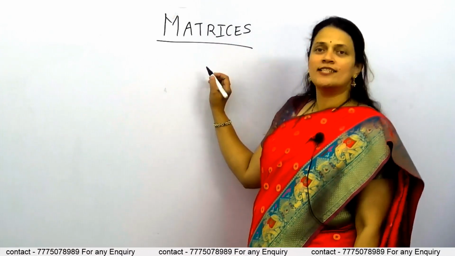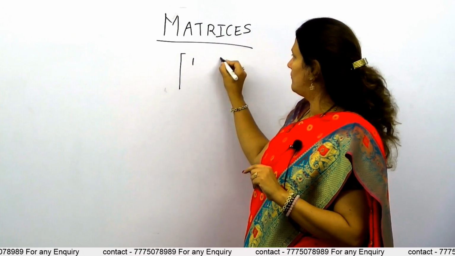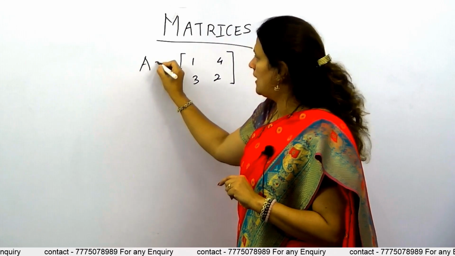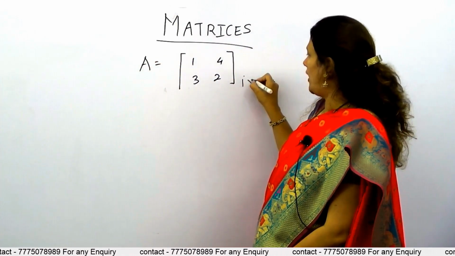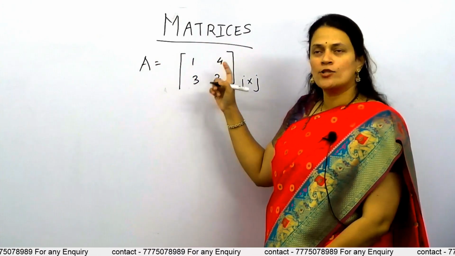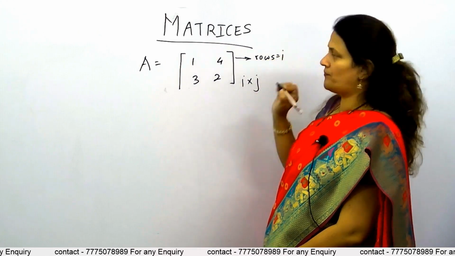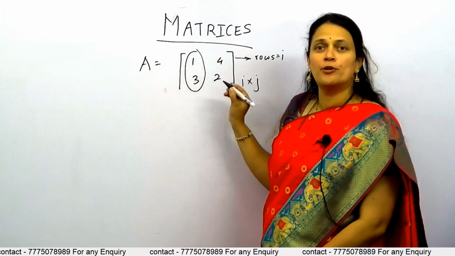So when we consider a matrix, let's say for example, this is a matrix of the order i into j, where i is going to give you the number of rows and j is going to give you the number of columns.